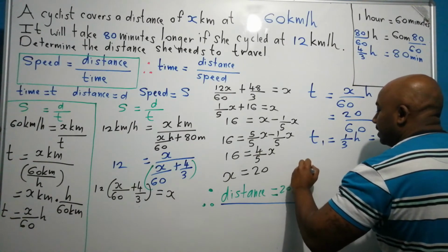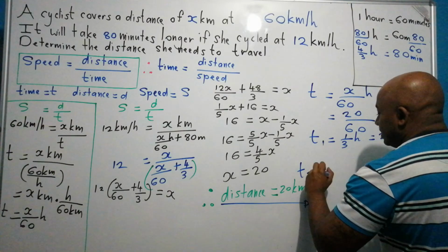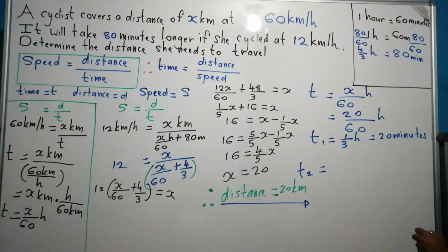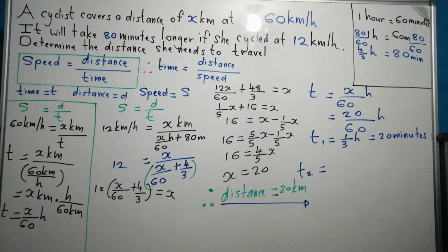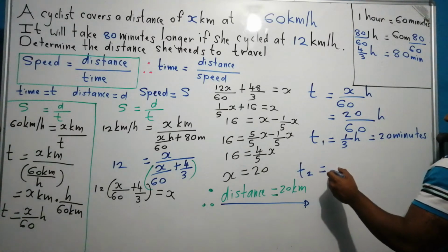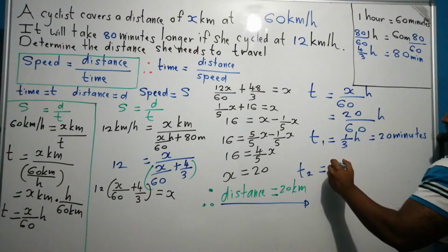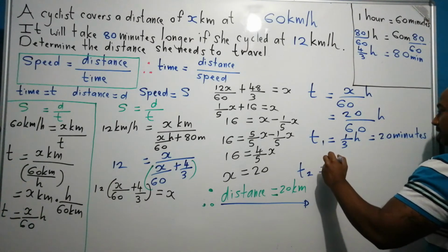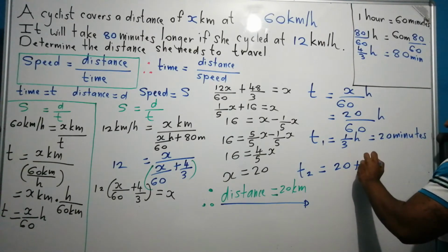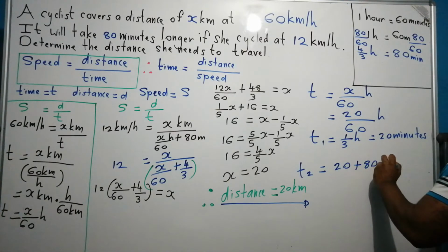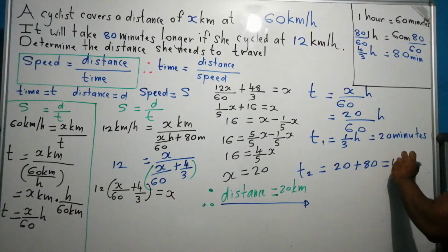In the second situation, let's call the first time T1. In the second situation, what did we state? It takes 80 minutes longer. So let's take this here now. We've got 20 minutes plus 80 minutes is equal to 100 minutes.